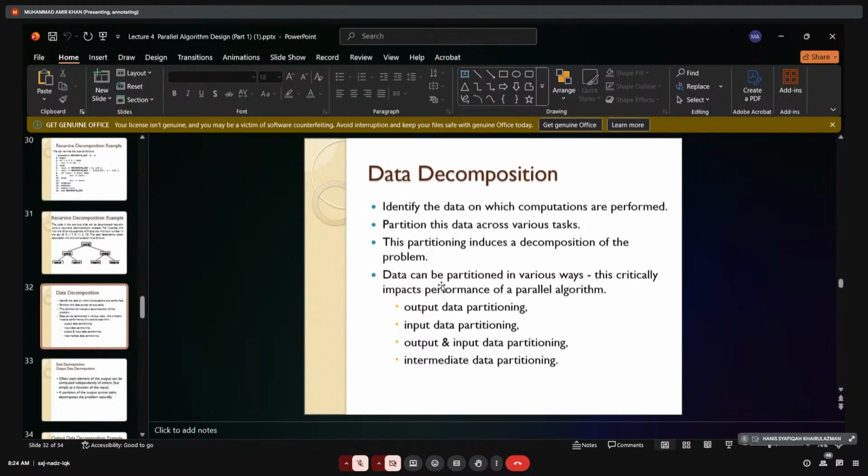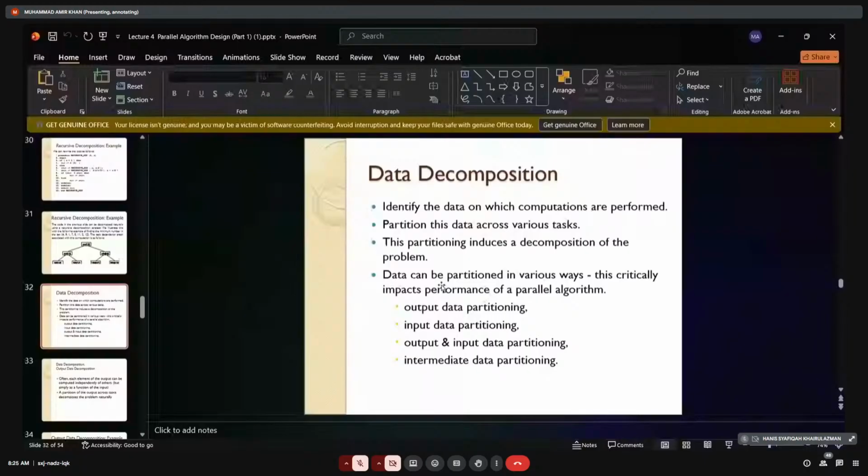Second is data decomposition. Identify the data on which computations are performed. Partition this data across various tasks. This partition introduces a decomposition of the problem. Data can be partitioned in various ways.